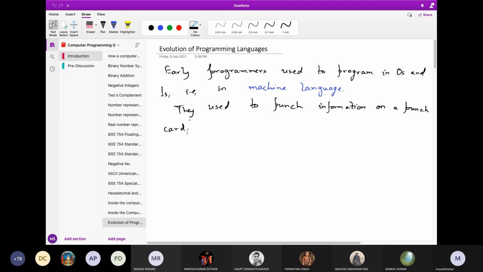If they wanted to add, say, 3 and 5, they used to look into a chart where all the instructions and their corresponding bit patterns were written. Then they used to punch the corresponding bits onto the punch card and put that punch card into the RAM.